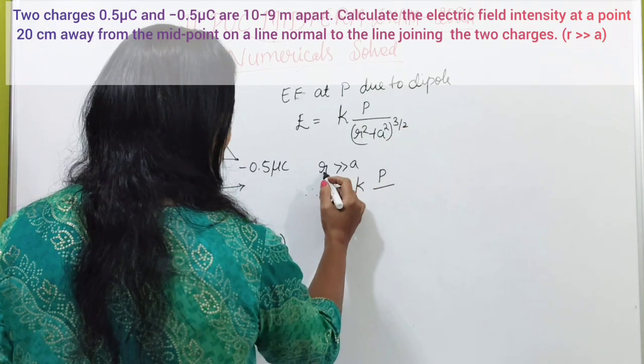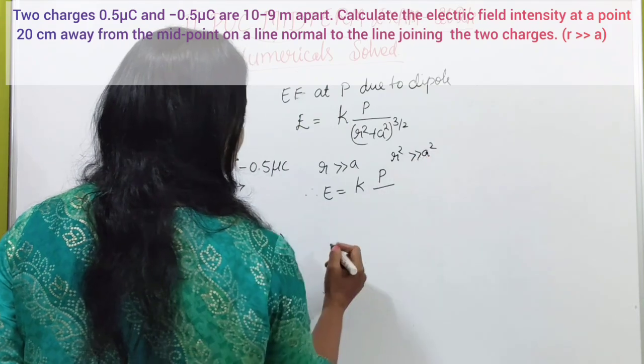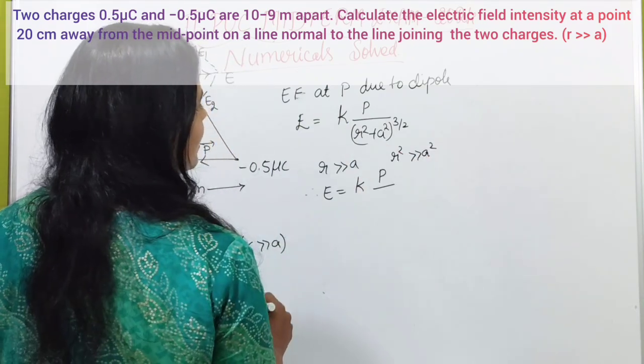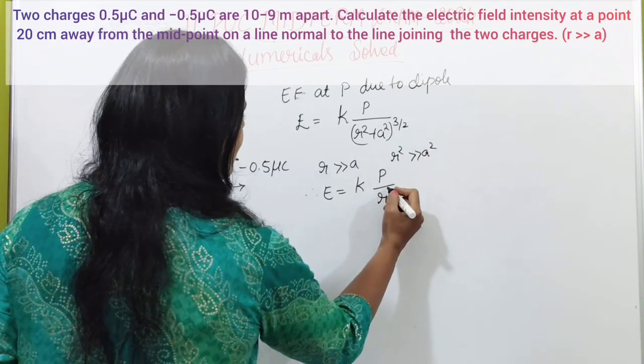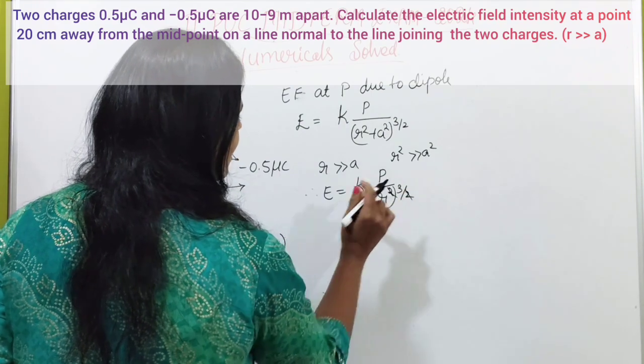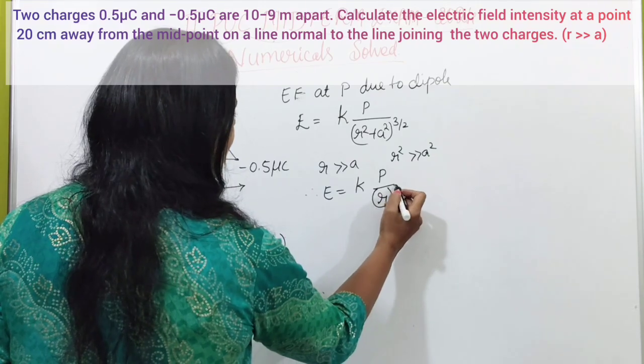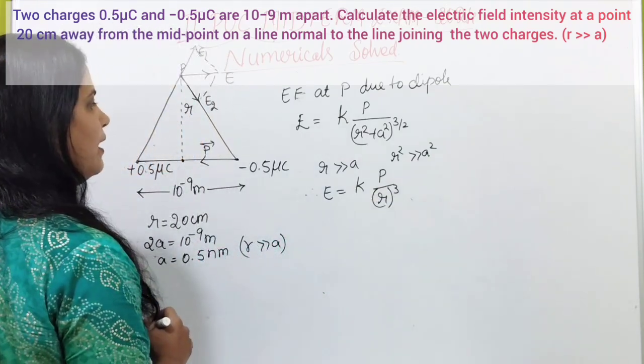R very much greater than A means R square is also very much greater than A square. Then the A square term can be neglected. So therefore R square to the power 3 by 2, the 2 cancels and you get R cube. So I'll directly write the formula, E equals K P by R cube.